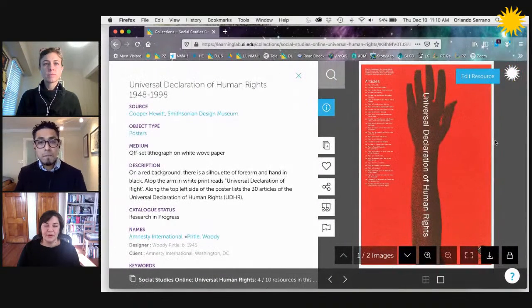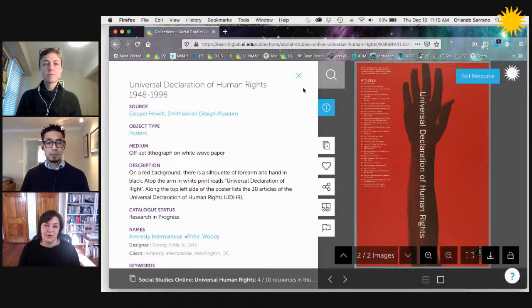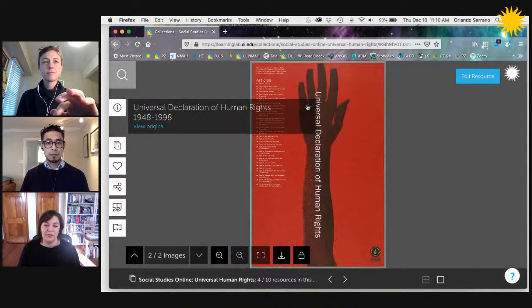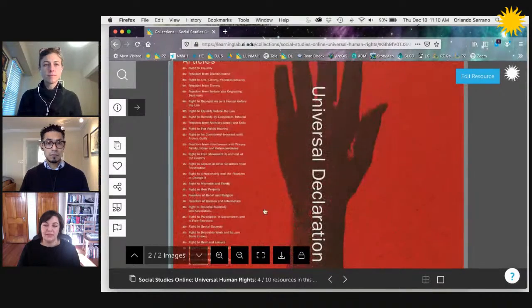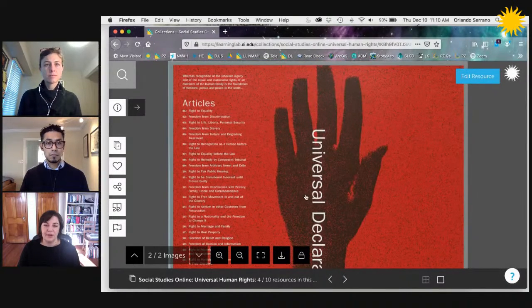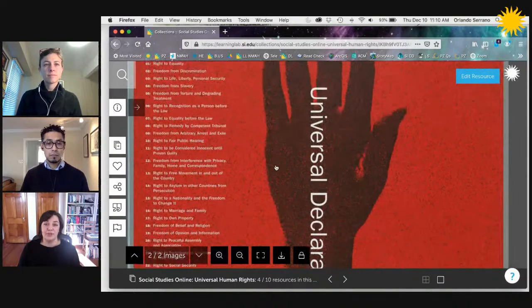Yes, so for people to be able to exercise their human rights within the human rights framework, they need to be informed of what human rights are and what specifically that entails. So this was a poster created by Amnesty International. It's housed at the Cooper Hewitt Design Museum of the Smithsonian in New York, and it's a very strong image with contrasting colors, but it's also an informational object.